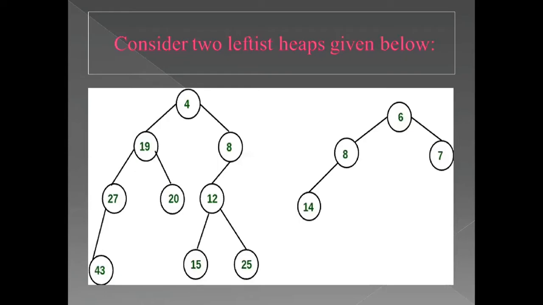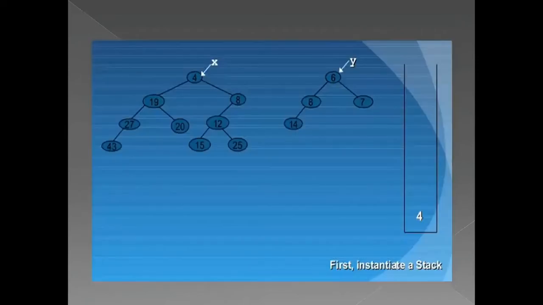So consider these two leftist heaps given below. Both these trees are leftist heaps and we have to merge them. That is our task. So starting from the first step, we have references x and y to the root nodes of both the heaps, and initially we take an empty stack.